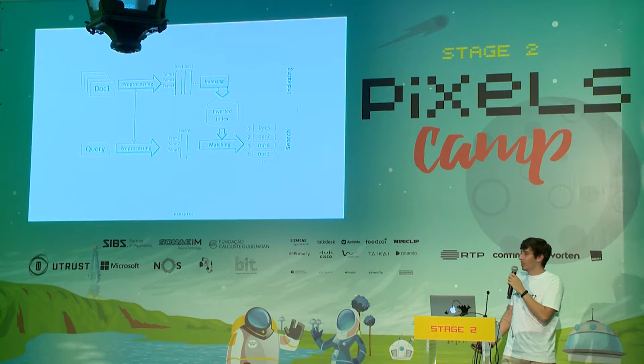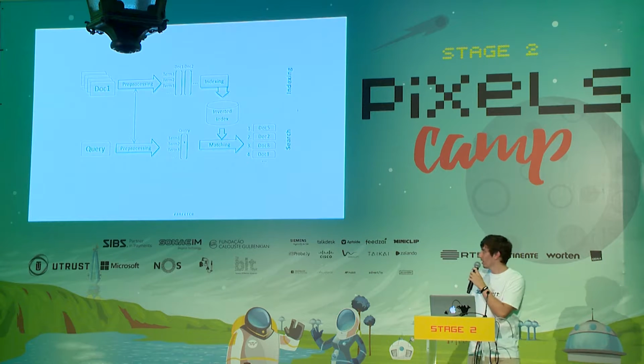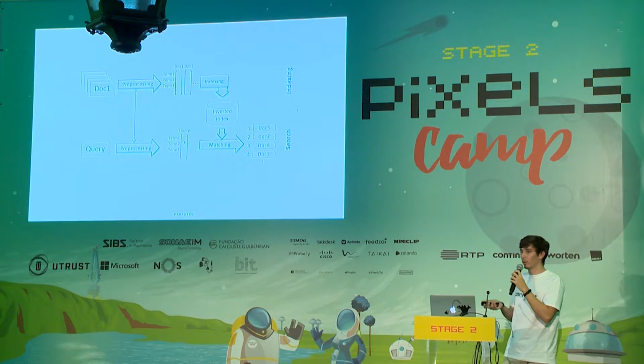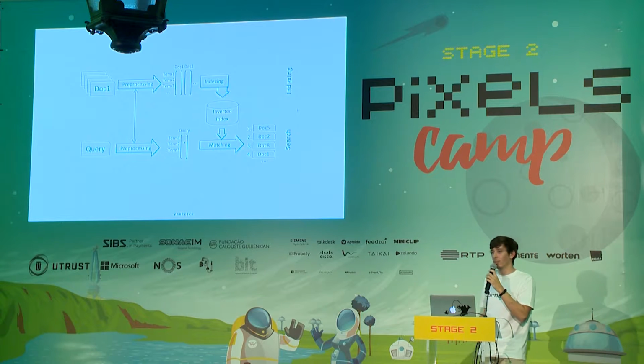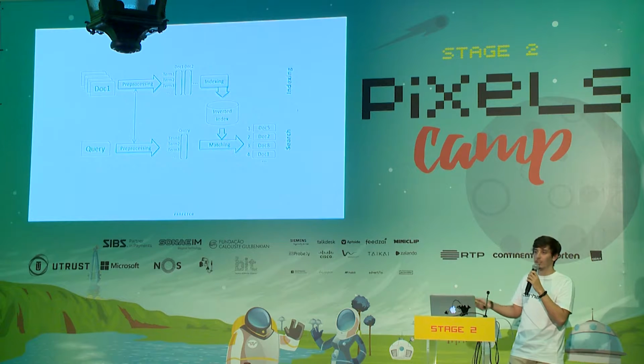Going back a little bit to this diagram, we can try to see different ways in which you can enhance your information retrieval system. You can define more complex pre-processing. You can say, for example, that this document will pass through a pre-processing phase in which you reduce all the words to the singular form.